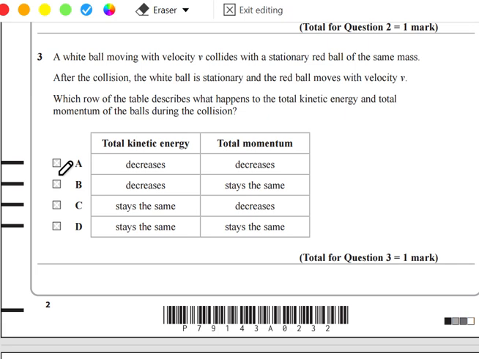So the white ball has velocity V and the red ball is stationary with 0 speed.